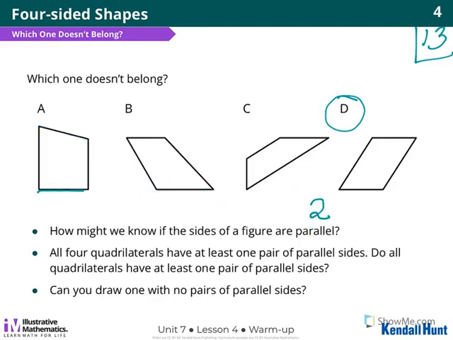Michael. I say C because all the other ones look like squares, but C kind of looks like a square, but it's not a square. So none of them are squares. So remember, guys, squares have 4 right angles.